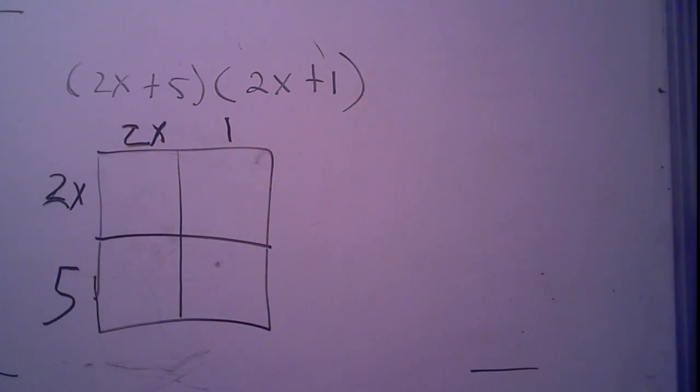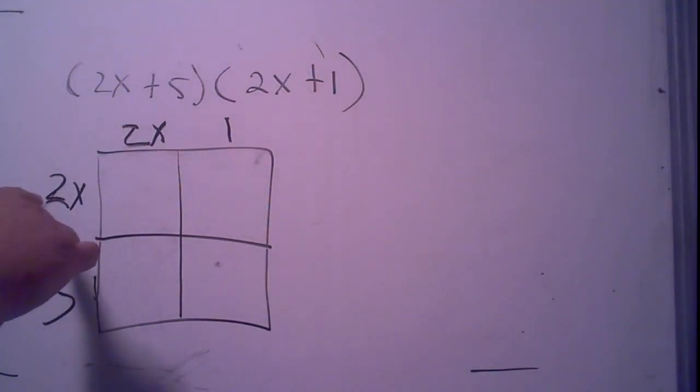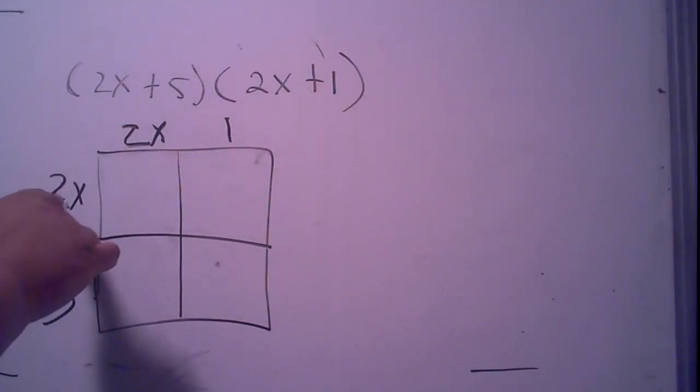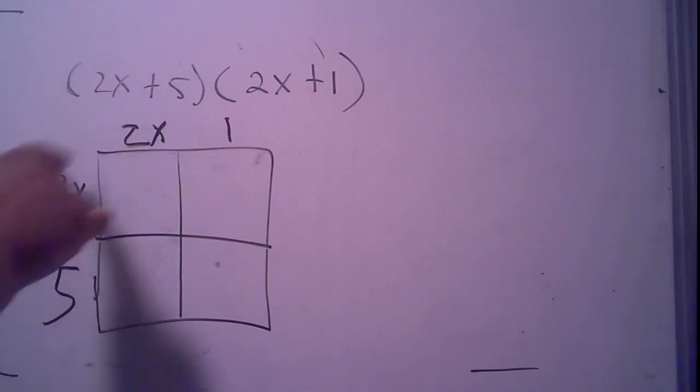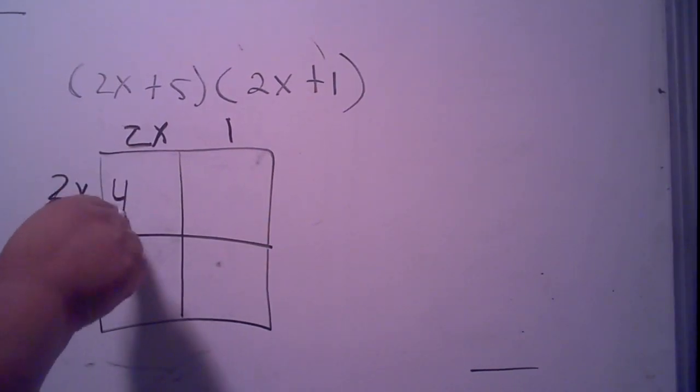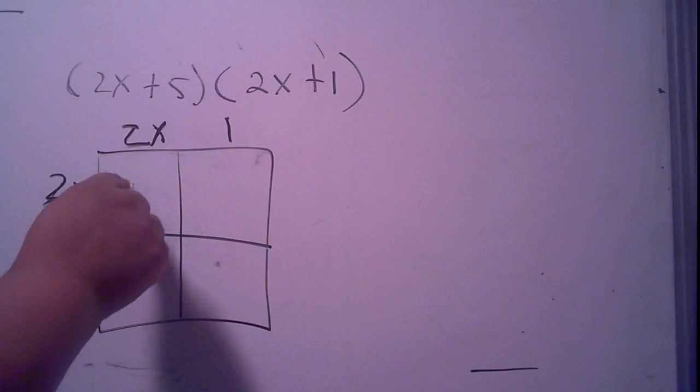Now the next step is to fill in the boxes inside. Remember, when we multiply monomials or terms, for example 2x times 2x, we multiply constant by constant and variable by variable. For example, 2 times 2 is 4, and then x times x is x squared.